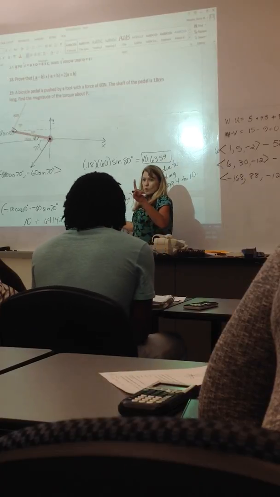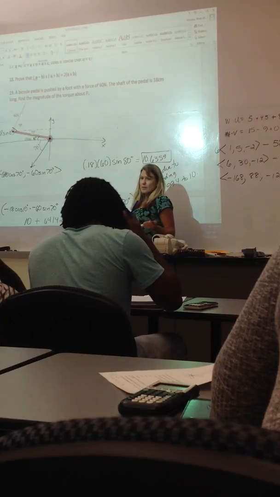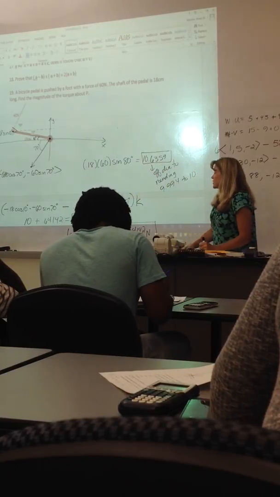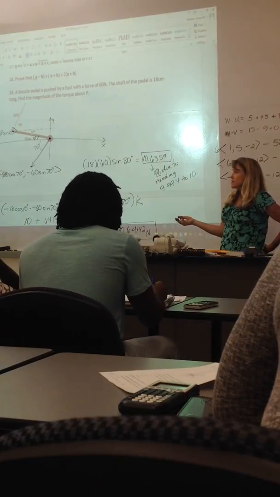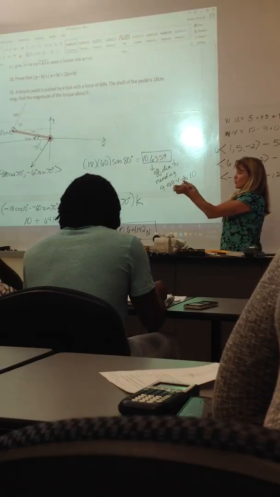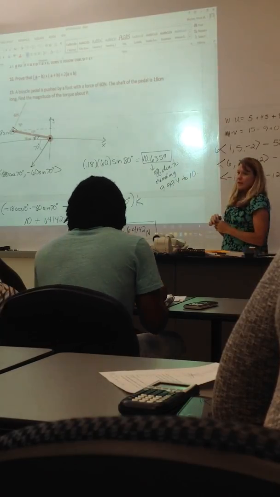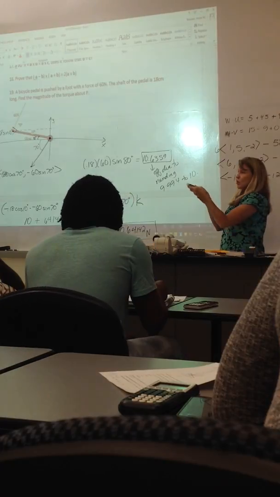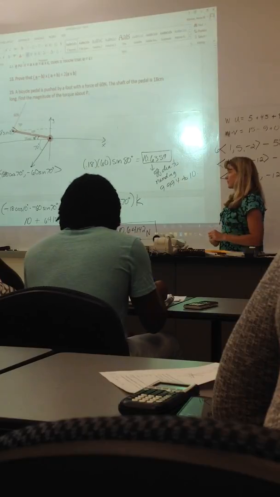So if you only have one coordinate, the magnitude is the component of it. But you should understand that torque is a vector. So if you had a more complicated system where your two vectors are really out in space and they're not necessarily nicely placed in the XY plane, then your torque vector might have an I and a J and a K.